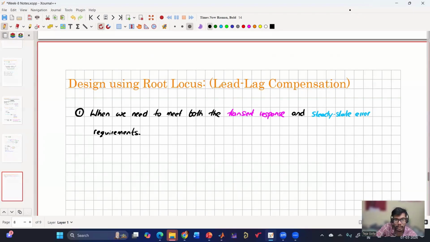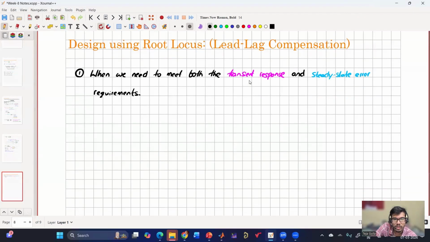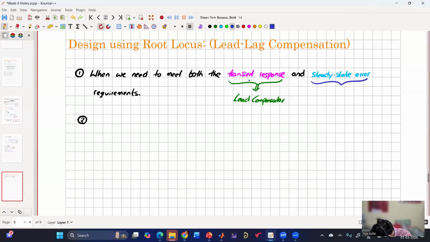Because the lead compensator will be used to get the transient response, and lag compensator will be used to achieve the steady state error. So this will be achieved by the lead compensator, and then this will be achieved using the lag compensator.